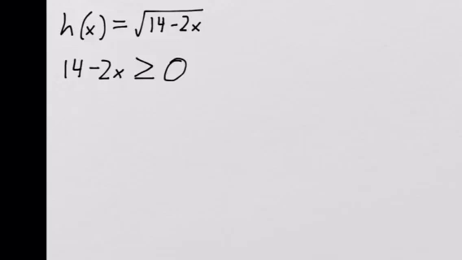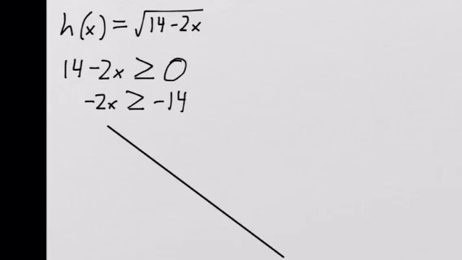So we'll subtract 14 from both sides. So we get negative 2x is greater than or equal to negative 14. Now we'll divide both sides by negative 2.